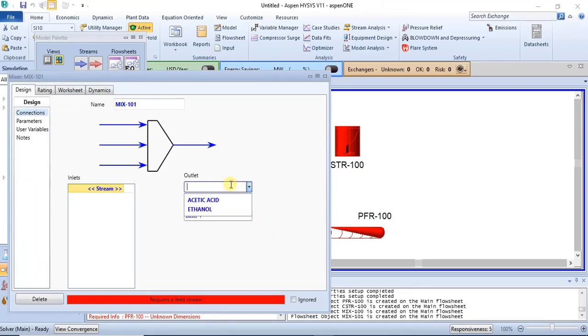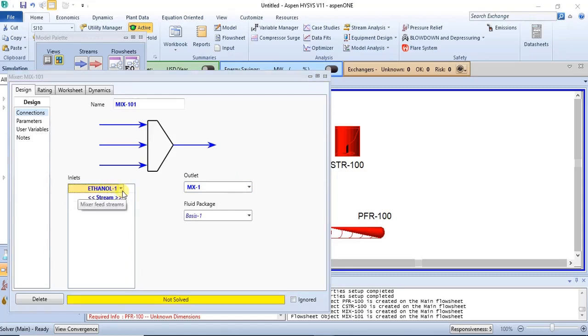So I can still replicate it here. I'll name this one ethanol 1 and acetic acid 1. Yes, so this is what we have.